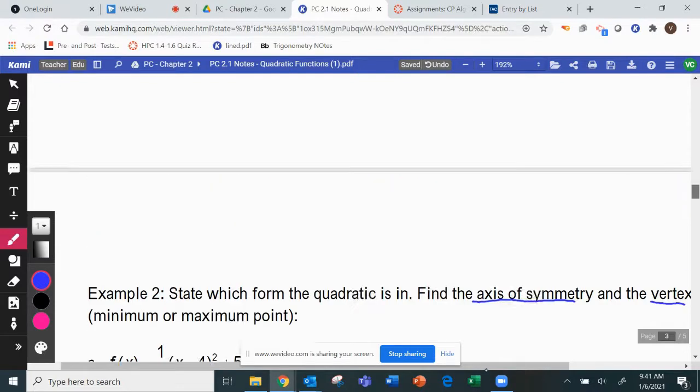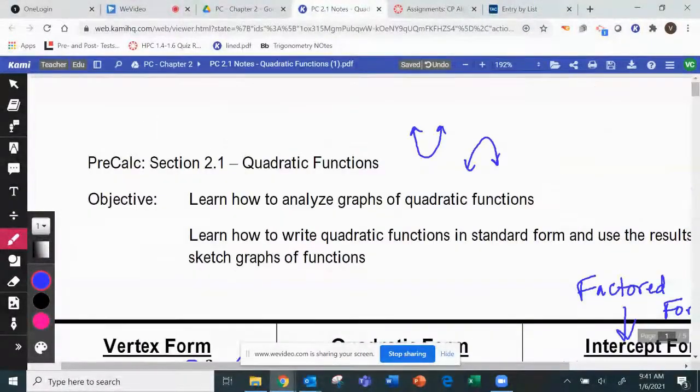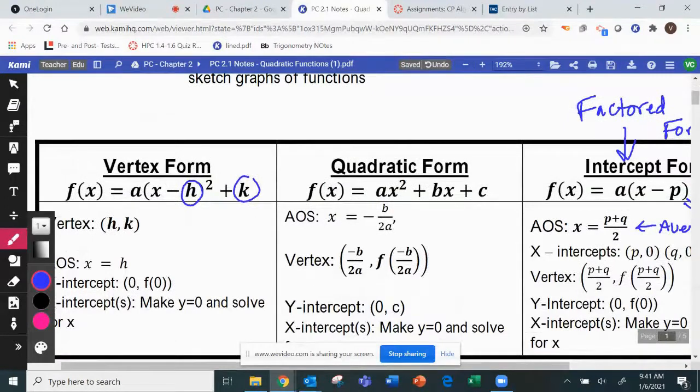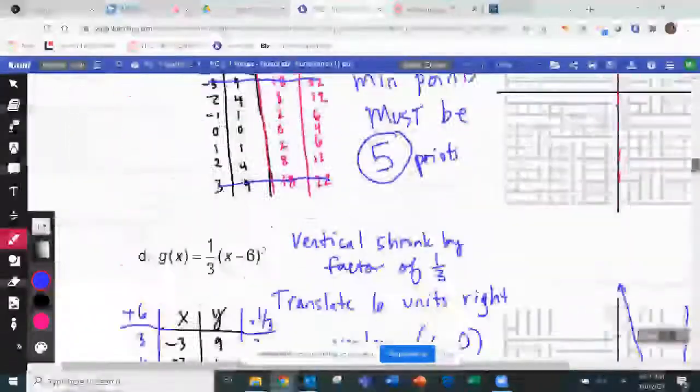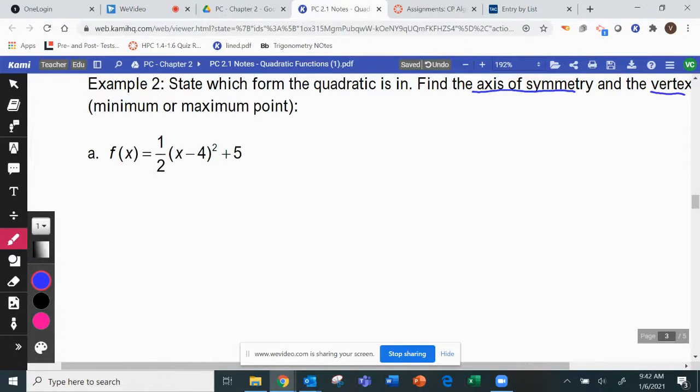So this is where you're going to need to know, going right back up to the top, which form it is, so you know how to find the axis of symmetry and how to find the vertex. It differs between each form. So I'm not going to keep going back up to this. I'm just going to write the formulas as I'm doing the questions. And for you to memorize them, it is helpful for you to write the formulas as well.